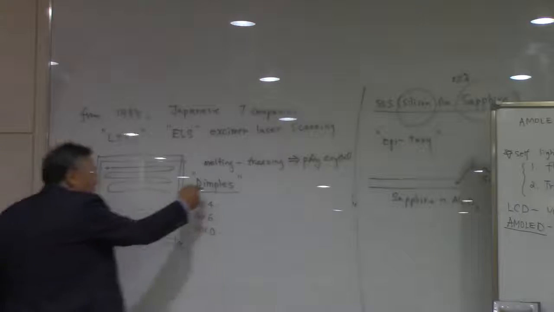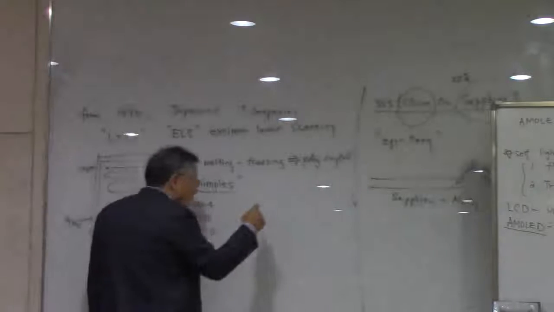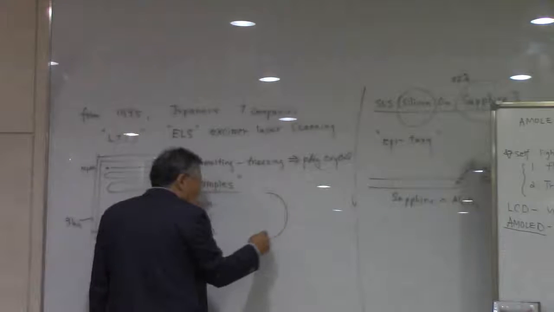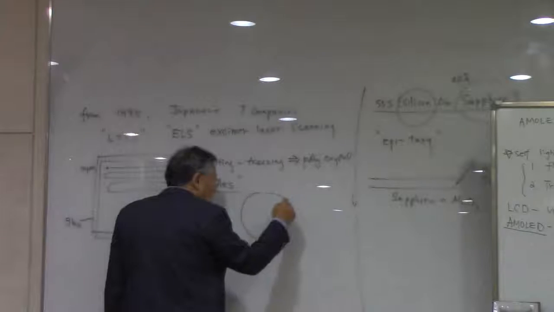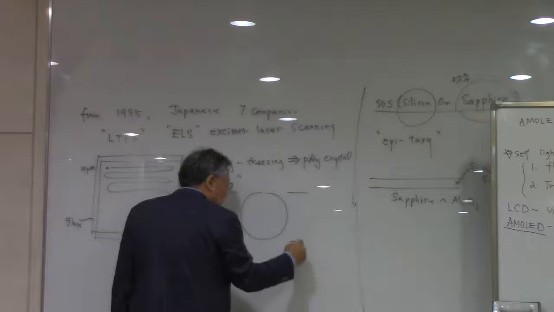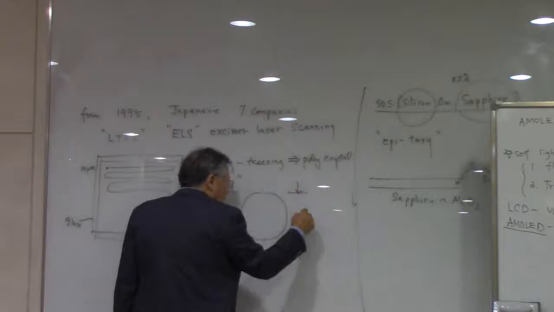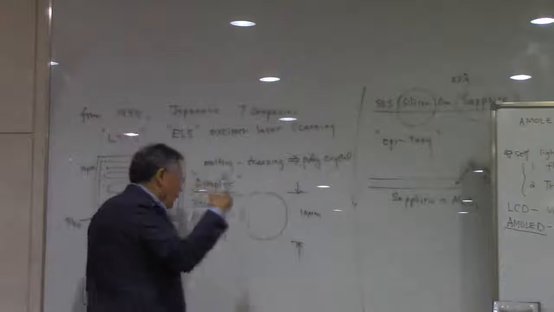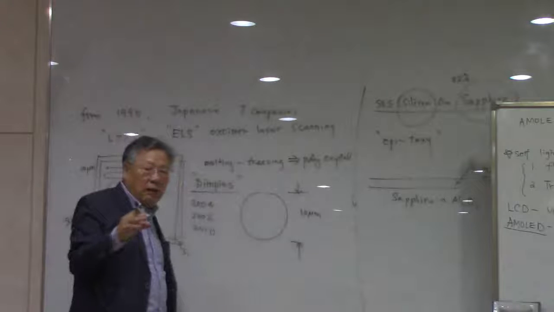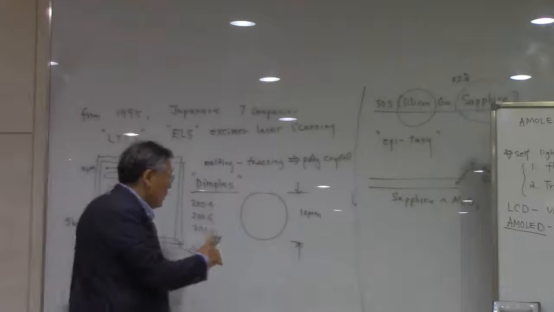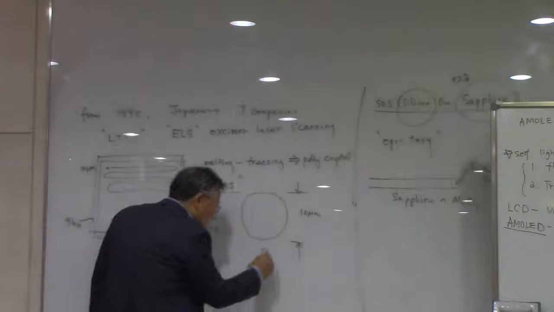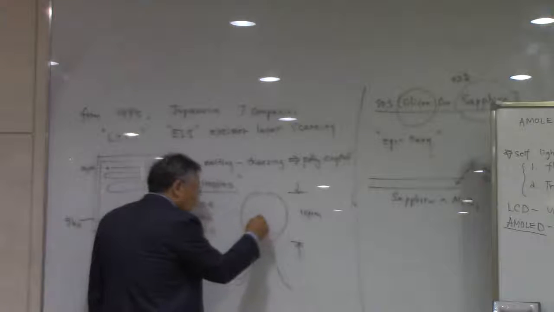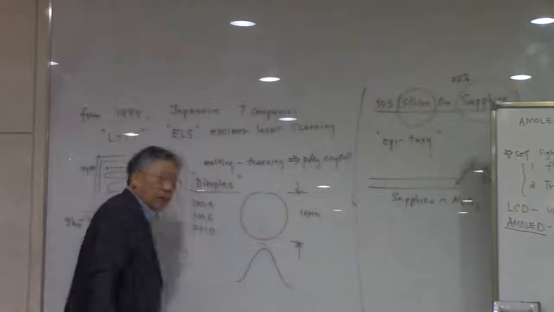The dimples happen because on the top view, this is the spot size, okay? Let's say this is 10 microns. And then when you focus the laser beam on this, it should have a Gaussian profile, which means the light intensity is going to go like this, okay?